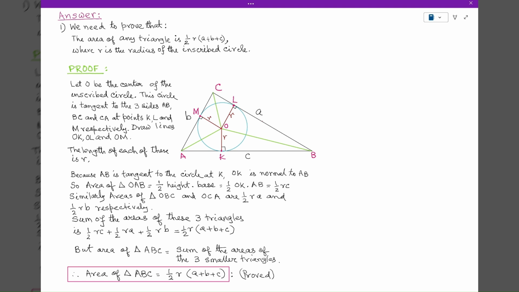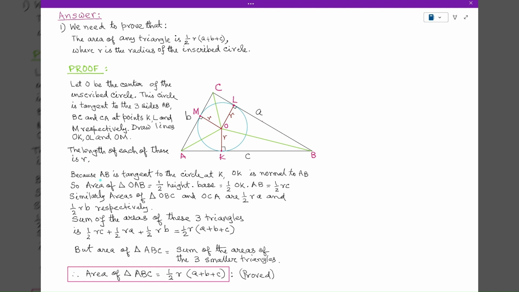The circle is tangent to the three sides AB, BC and CA at points K, L and M respectively. Now draw lines OK, OL and OM. The length of each of these lines is r.